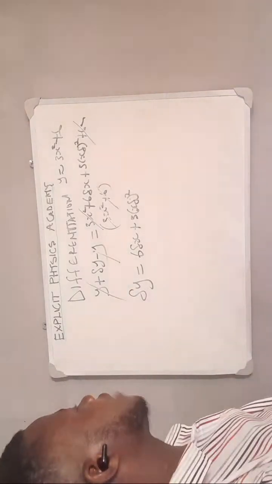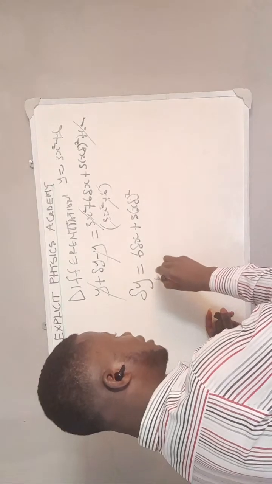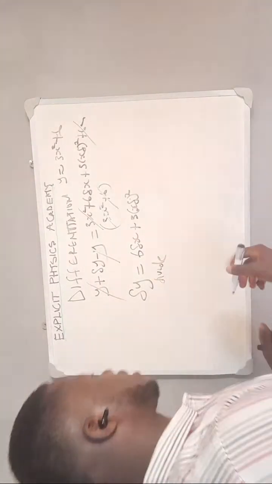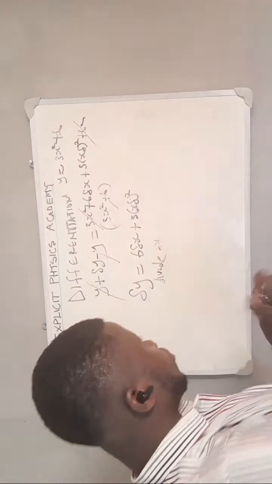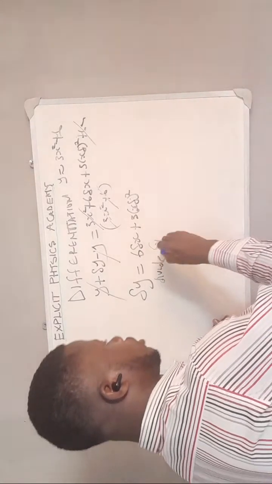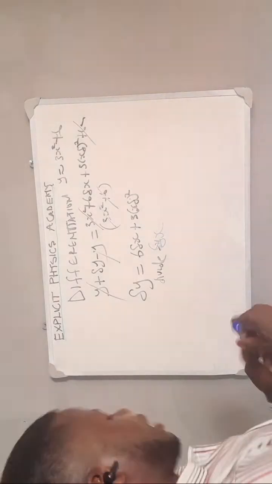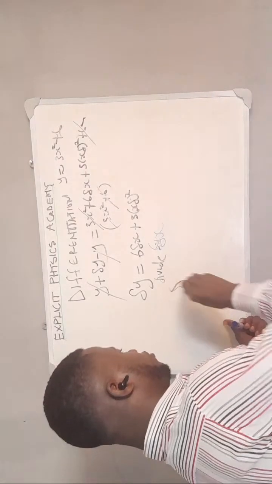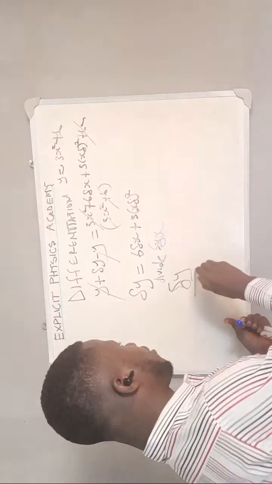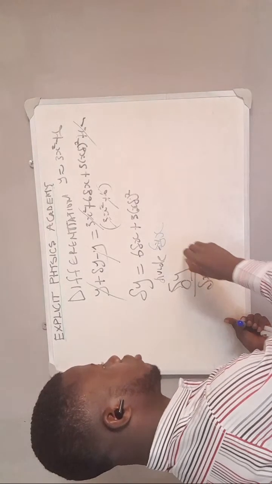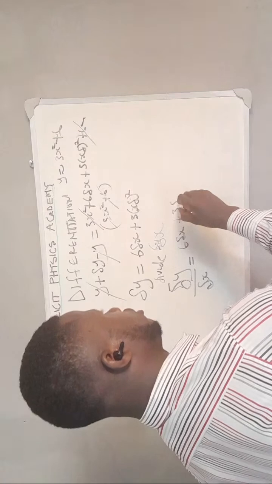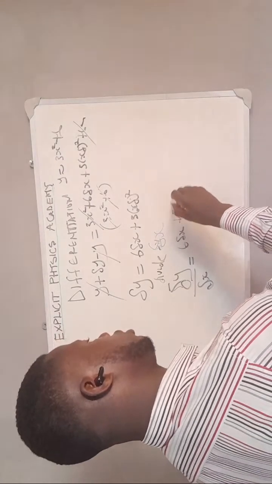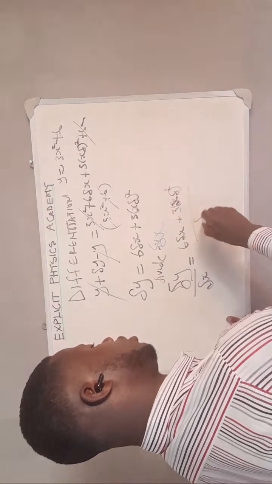So from here, we say divide both sides by change in x. I'm taking my time because when I start giving the third and the fourth example, I hope you understand it. Divide both sides by change in x. So what do we get? We have change in y over change in x equal to 6x change in x plus 3x change in x squared, all over change in x.